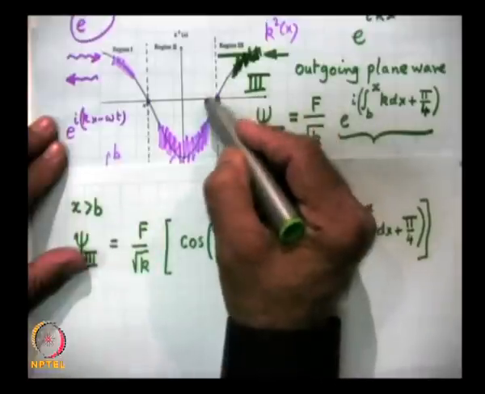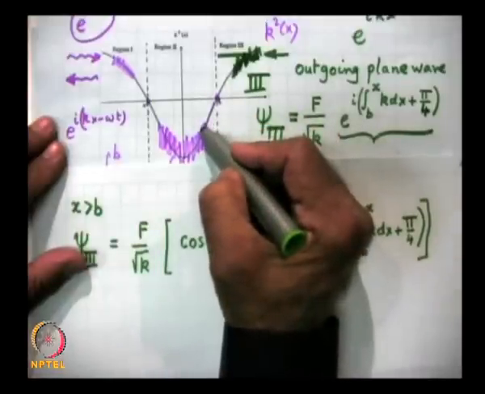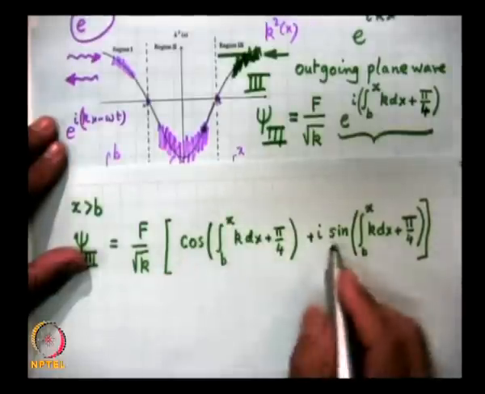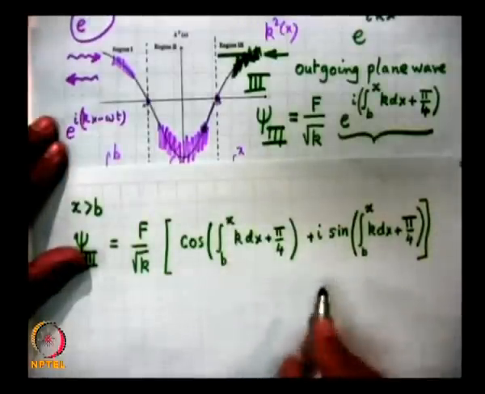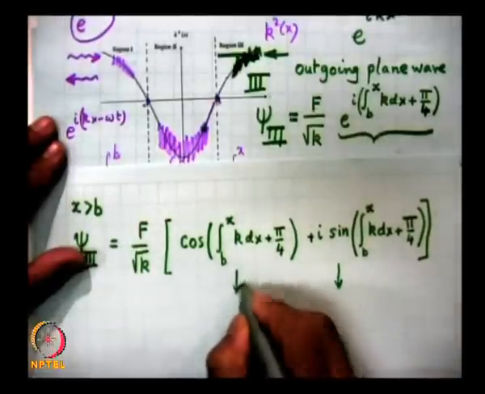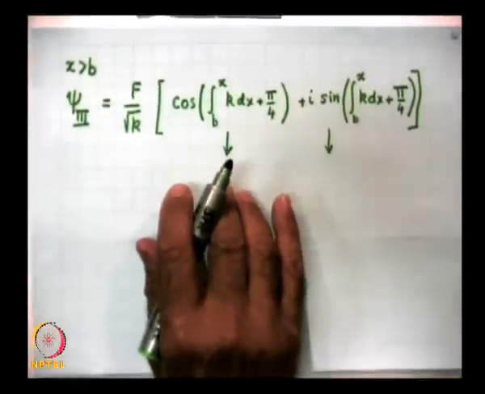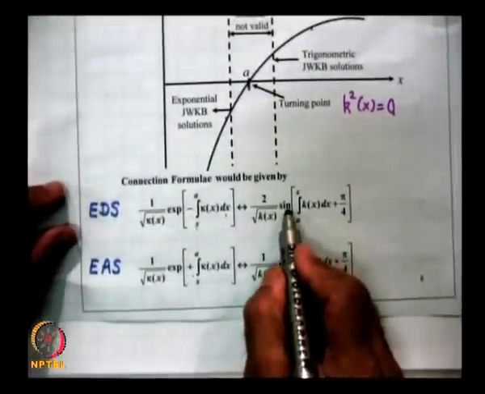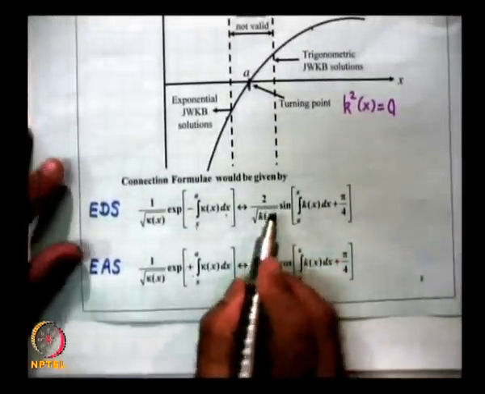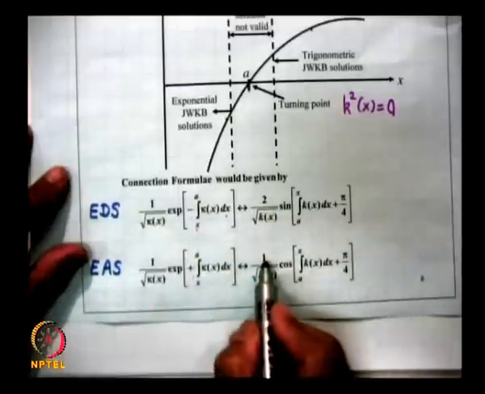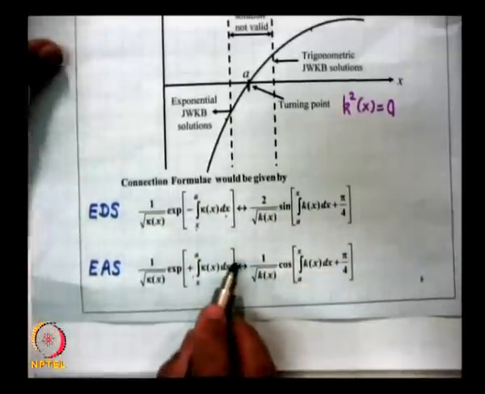I want to hop over the turning point and come to the region x less than b. So, the sine solution will go to an exponentially decaying solution, and the cos solution will go over to an exponentially amplifying solution. We must remember to put the factor of 2 correctly. So, this 2 will come here and this cos solution will go over to 1.